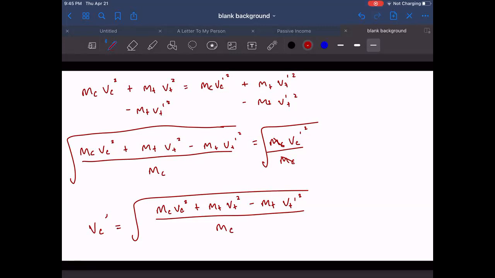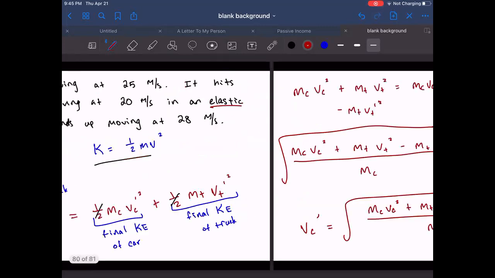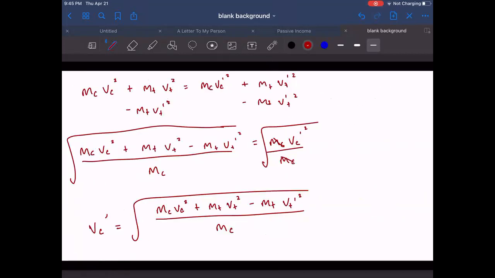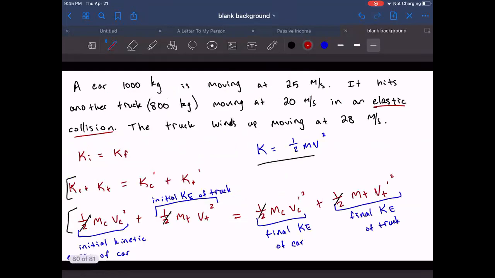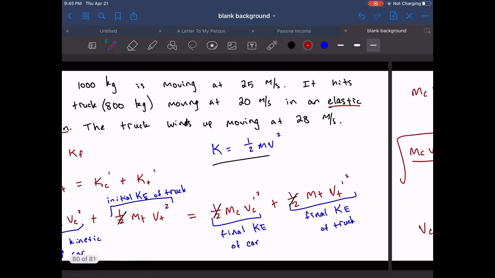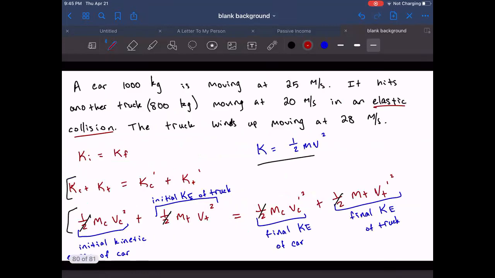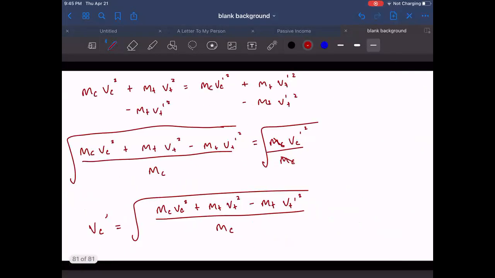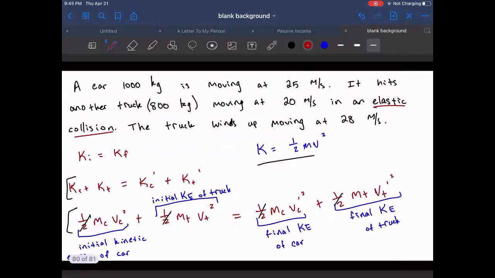But all this comes from kinetic energy is conserved, and then, of course, the equation for kinetic energy. Okay, so I've got the mass of the car times the velocity of the car squared. So mass of the car, 1,000 times 25 squared plus mass of the truck, 800 times 20 squared minus the mass of the truck, 800.